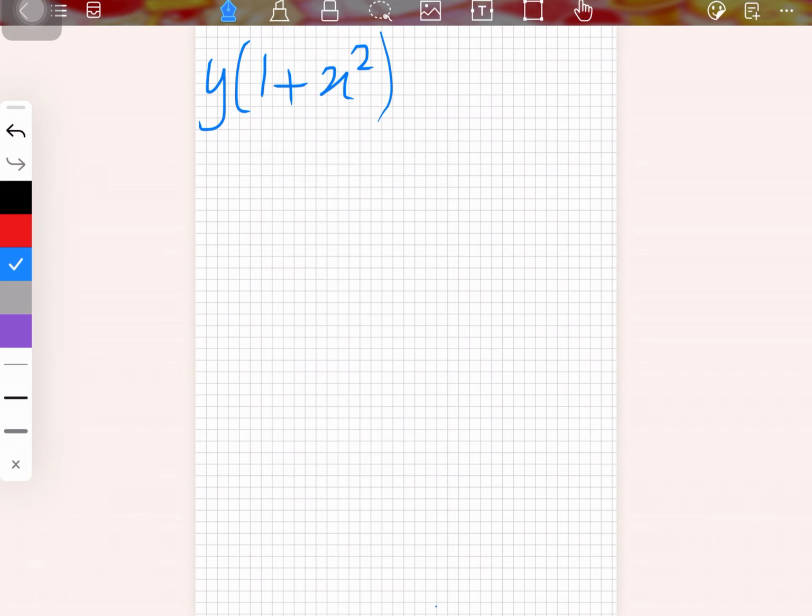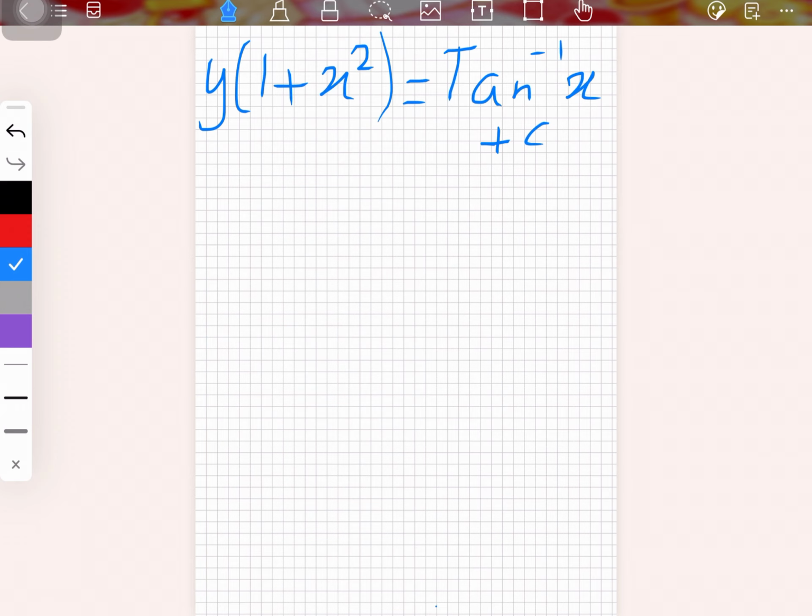If you have 1 over x square plus a square, where a is a constant, then the formula that we use is 1 over a tan inverse of x over a. In this question we have 1 as a, so anything divided by 1 is the number itself. So in the right hand side we will have tan inverse x, plus the integrating constant.